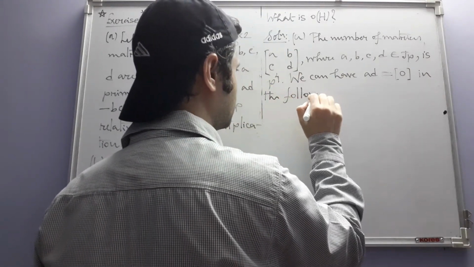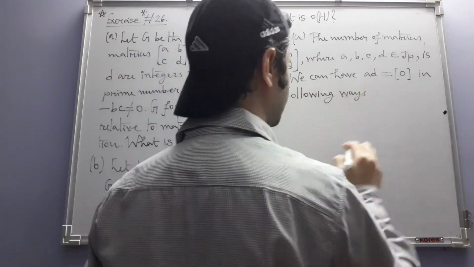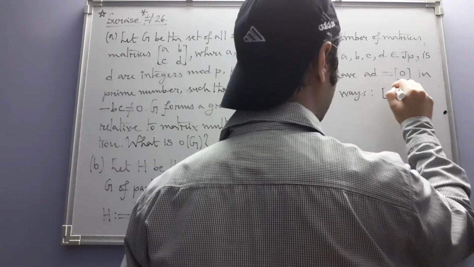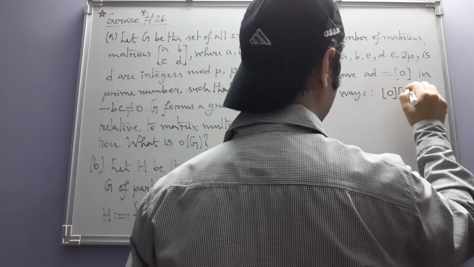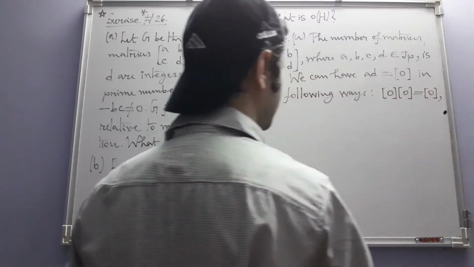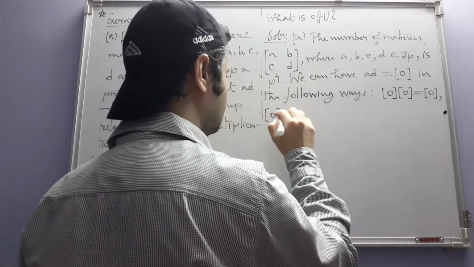In the following ways. A can be constantly 0, B changes.